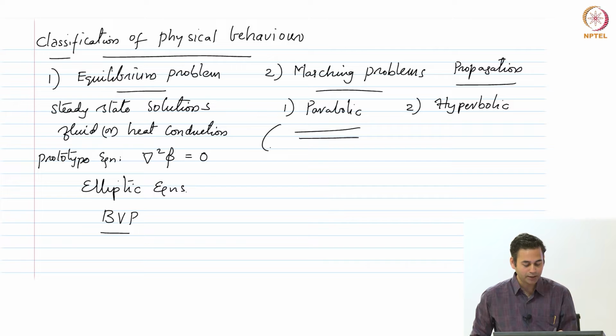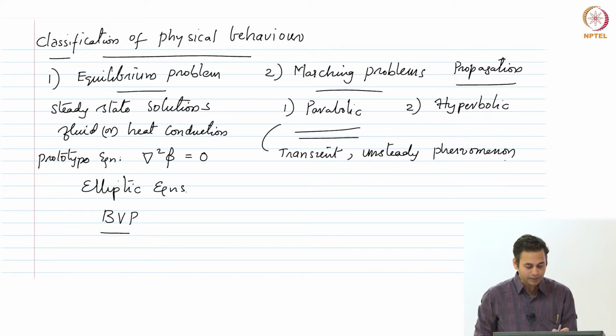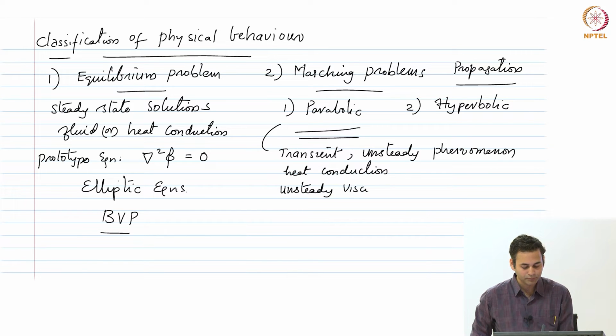These are essentially all the transient or unsteady phenomena, such as transient heat conduction or basically unsteady viscous flow, to name a few, okay.